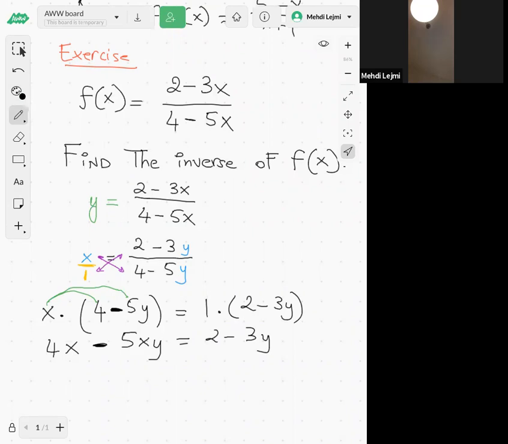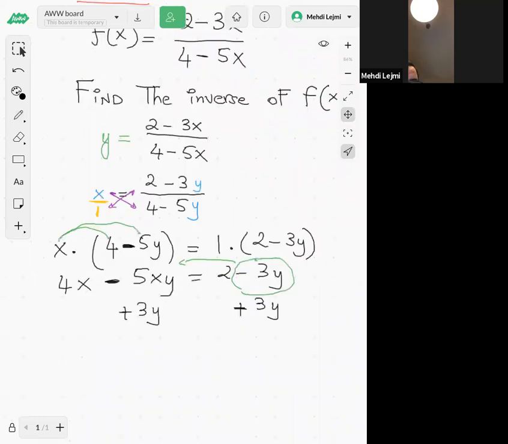All right, so I'm going to move all the y's to the left side. There's this minus 3y here, right? I'm going to try to move it to the other side. The opposite operation would be plus 3y, so it's plus 3y on both sides.